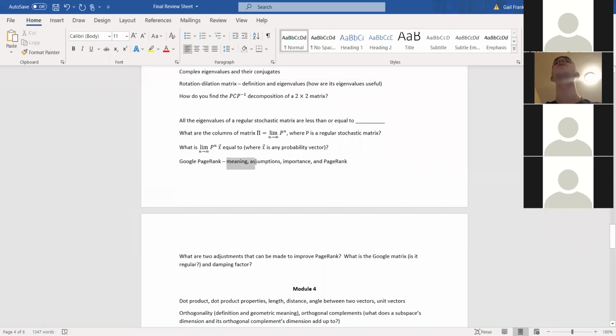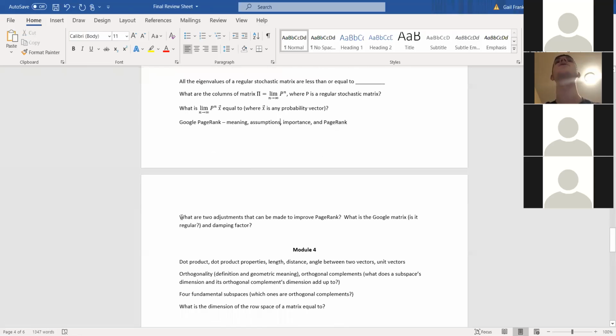Make sure you know the meaning of Google PageRank, the assumptions used in the initial form, and what importance is: the probability of each page being selected, and then you rank the importances to give you PageRank. In the lecture, they go on to say here are 2 adjustments you can make to improve PageRank: dealing with websites with no links to other pages, and the damping factor.